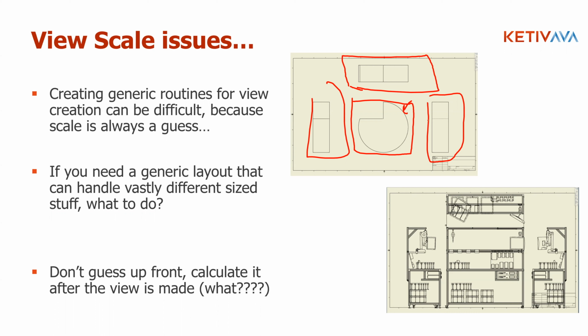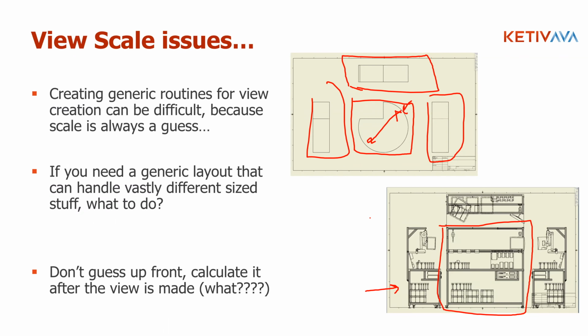This cheese wedge part could be using the same layout logic as this very complicated test station assembly, and they're radically different sizes. This is probably only two or three inches in diameter, whereas this is several feet in size, okay? One of the things a lot of folks struggle with is how to get the view scale right.